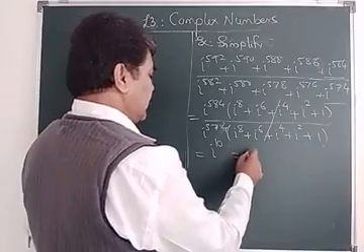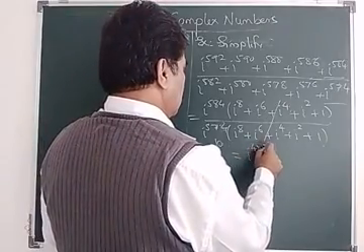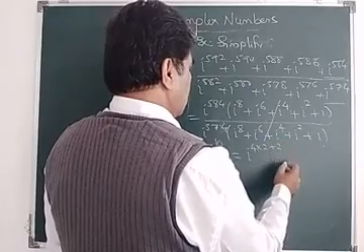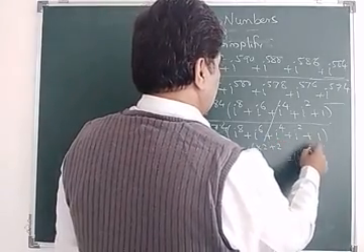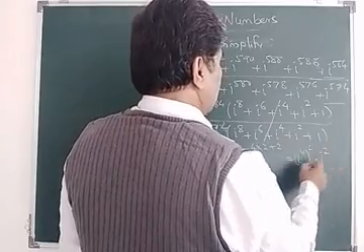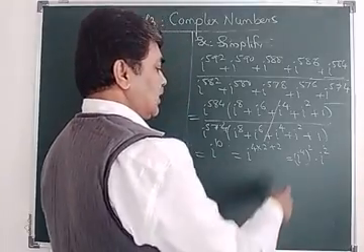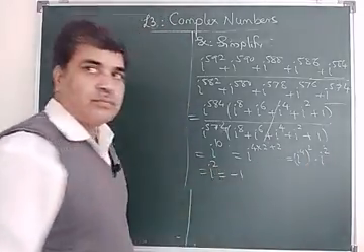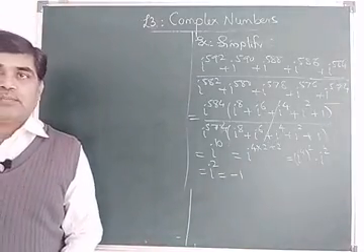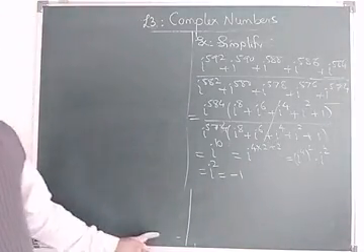I can write i raised to 10 as i raised to 4 into 2 plus 2, which is equal to i raised to 4 its square into i square. But i raised to 4 to the power is 1, so i square is minus 1.